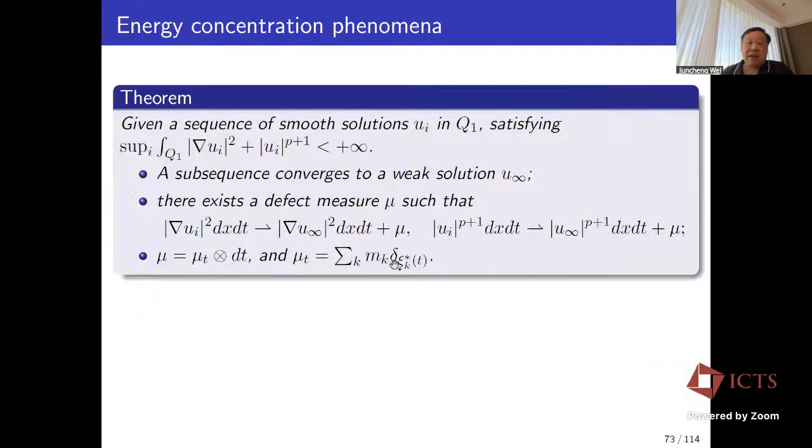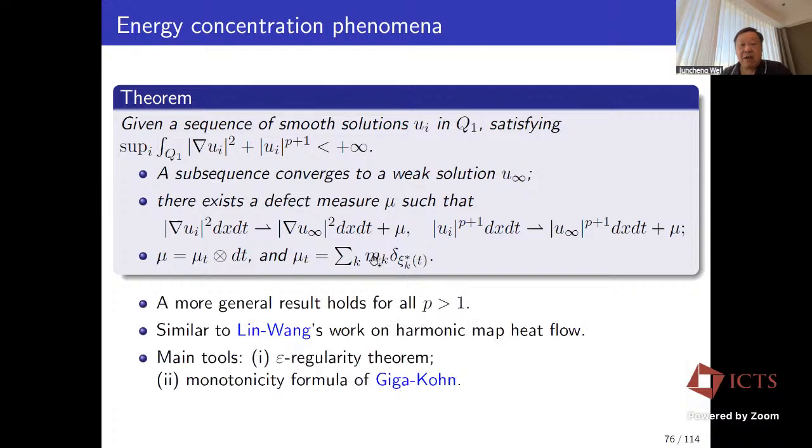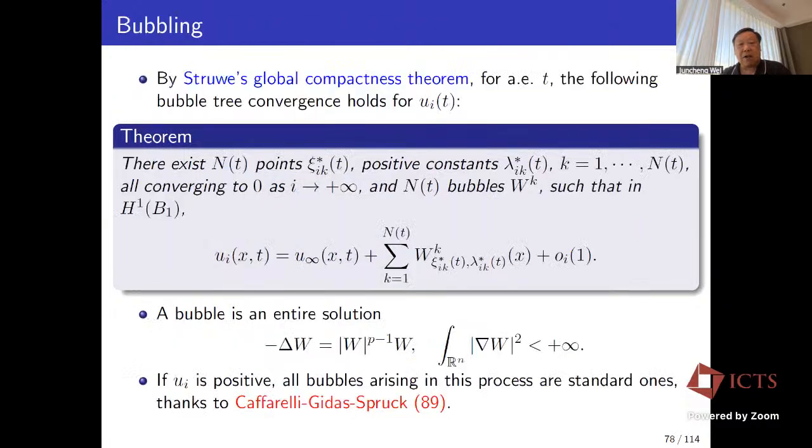So first, we decompose the blow-up measure into an L1 measure plus a singular measure. And the main problem is to analyze the singular measure. Okay, and the proof of this is from the monotonicity formula of Giga and Kohn.